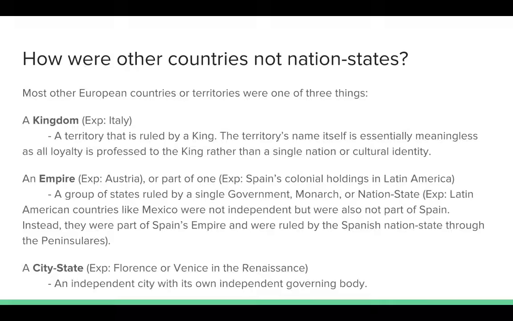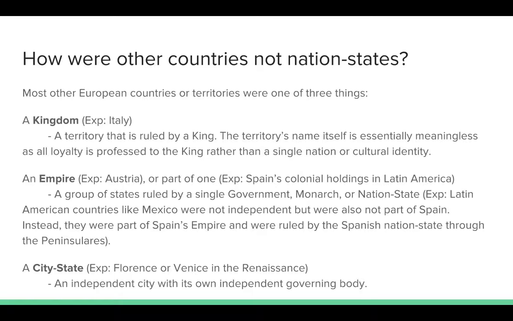The second category that countries in Europe would fall under would be an empire, which would be either Austria or Prussia, or part of one. An example of that would be Spain's colonial holdings in Latin America. An empire is a group of states ruled by a single government, monarch, or nation state.